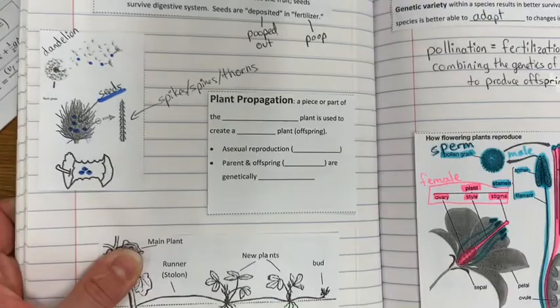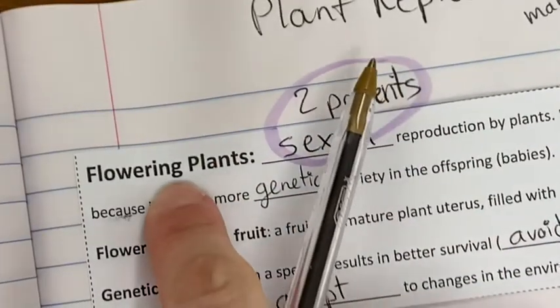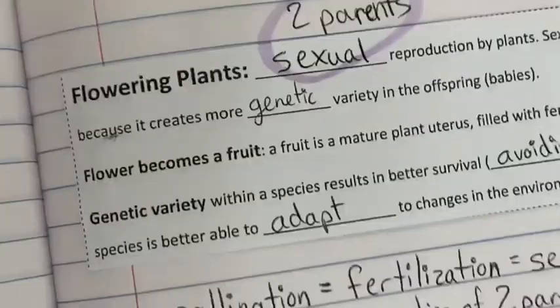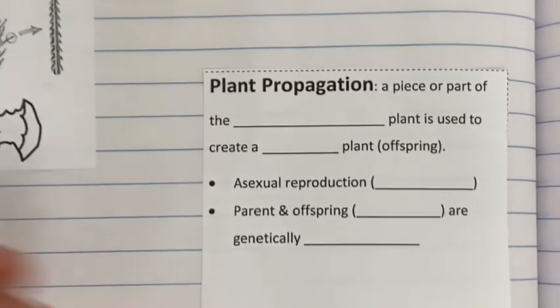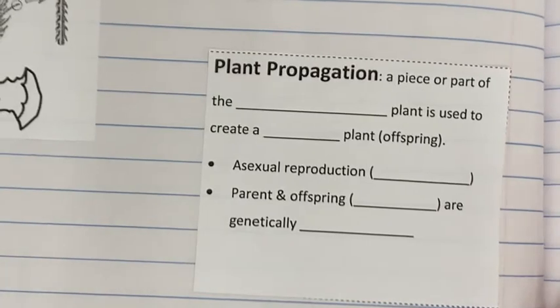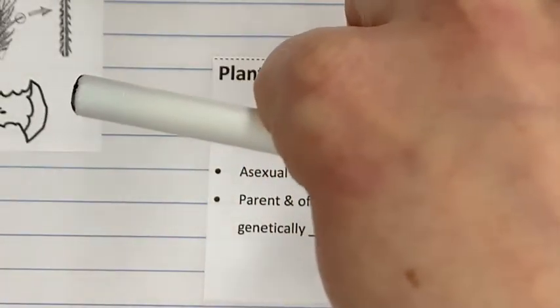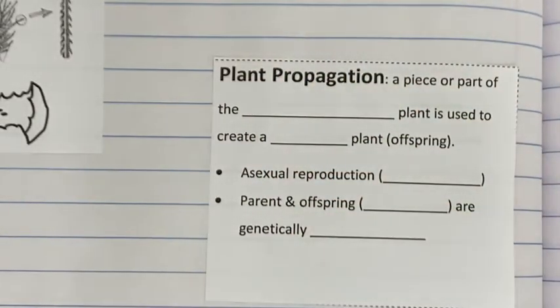Plant propagation. Some plants don't use flowers. If they don't use flowers, they have some other way of reproducing. Now, there are many forms of propagation. For example, with some trees, you can just cut a branch off and stick that branch in water, and it starts to grow roots, and it becomes a new tree.